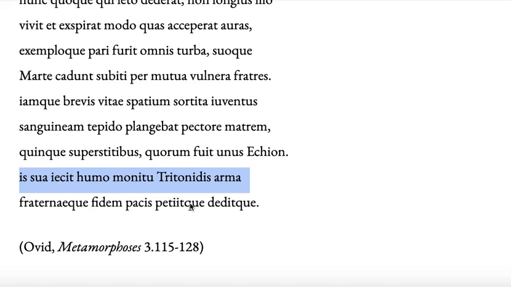And he sought, petiit, right? So this is the verb peto, petere, to seek. The perfect is usually petivi, but as you see here, it can also be petii. So he sought and gave, deditque, a pledge, fidem, that means a faith or trust or an act of trust, like a pledge, of fraternal peace, fraternae pacis.